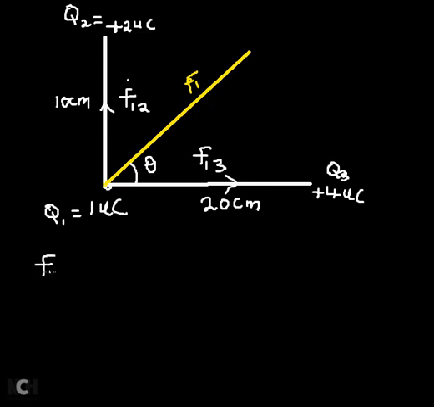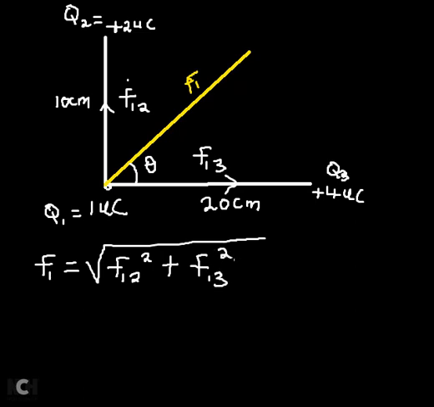So the force F1 on Q1 is going to be equal to the square root of the sum of the vertical force, which is F12, squared according to Pythagoras rule, and F13 squared.